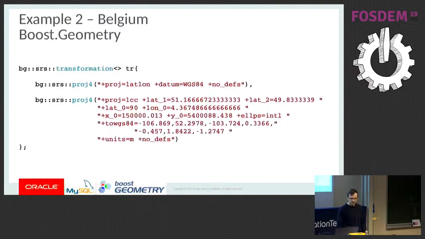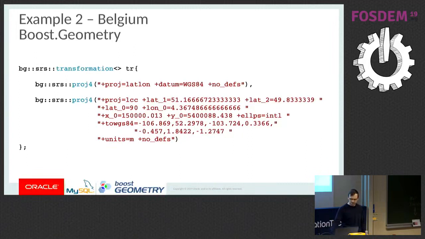So this is the way you already saw how to create the transformation in Boost Geometry. The first projection is the one from which we are transforming, and the second one is the projection to which we are transforming, right?